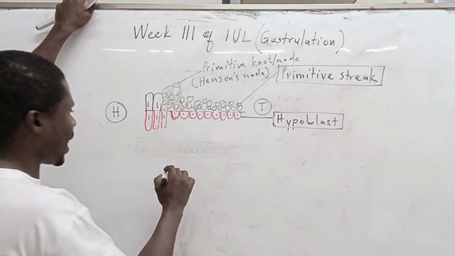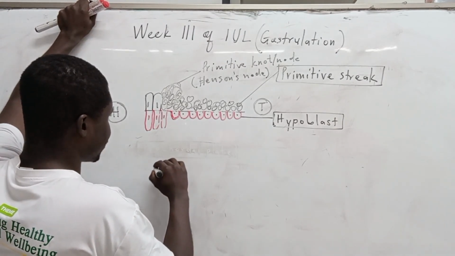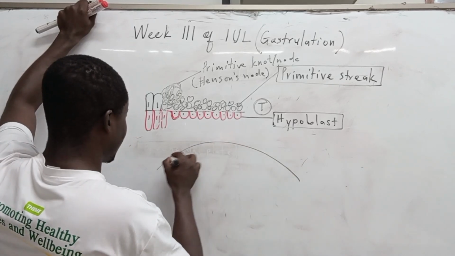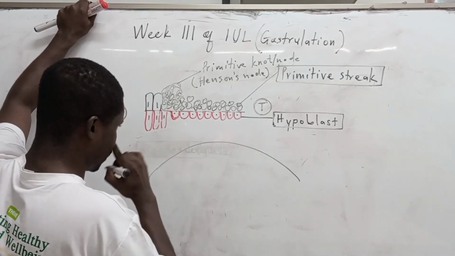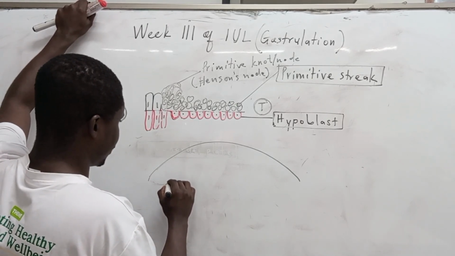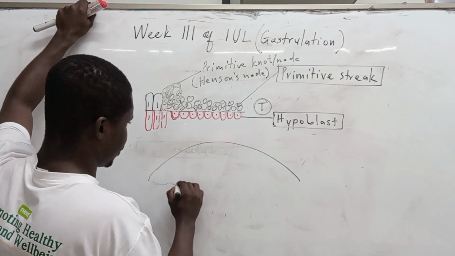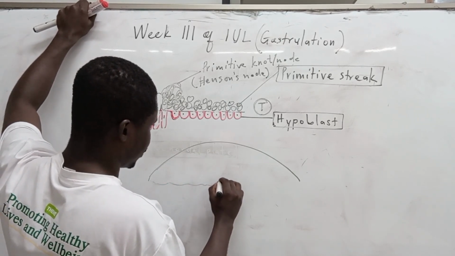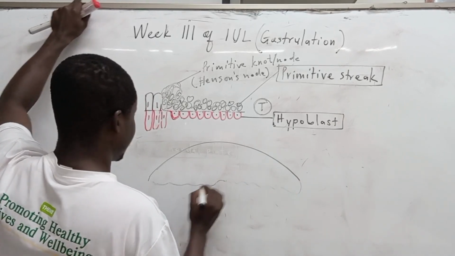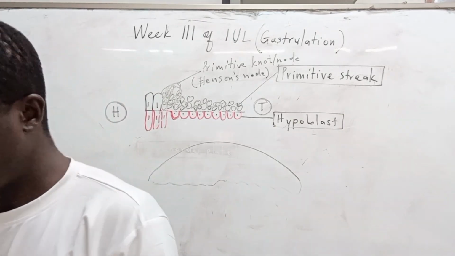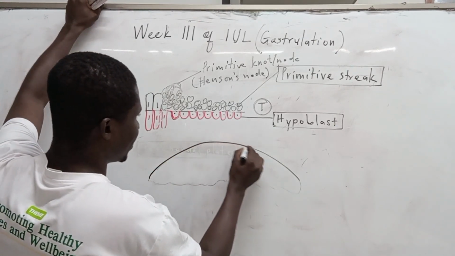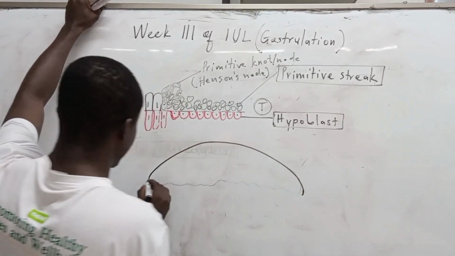Just trying to explain how the so-called streak happens. So, they've taken a cross section through this embryo.